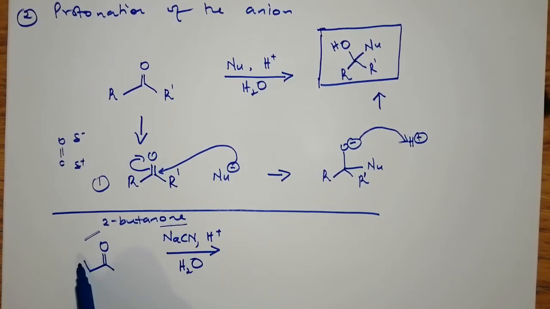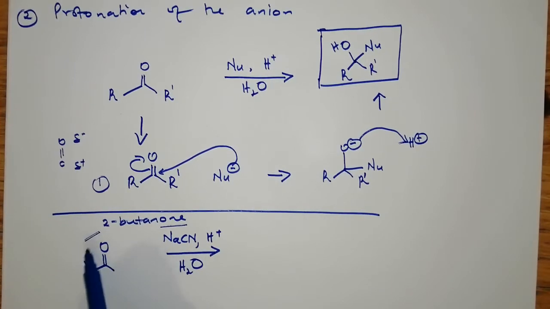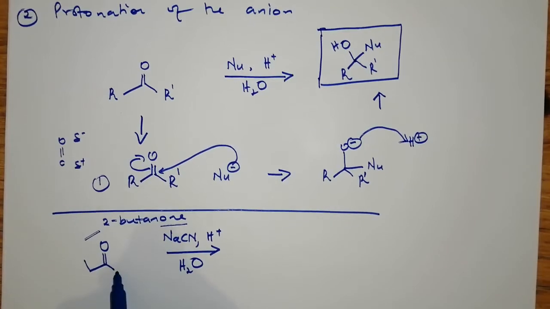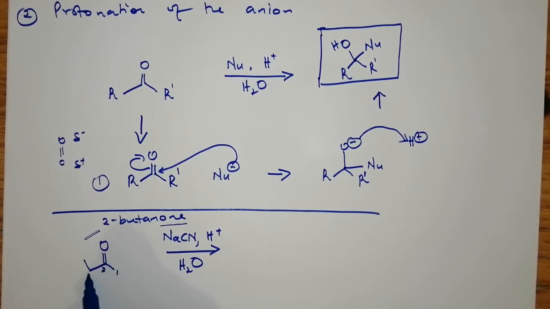If you start counting from this carbon, we're going to be like 1, 2, 3, then we're going to have 3-butanone. However, when we are naming these compounds, we're going to start with the carbon that is closest to this carbonyl. Hence we said 2-butanone. You know what I'm saying? So this is carbon number 1, carbon number 2, carbon number 3, and carbon number 4.